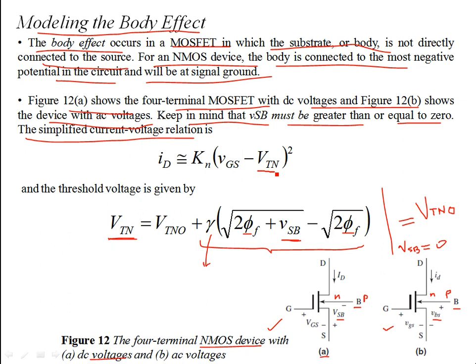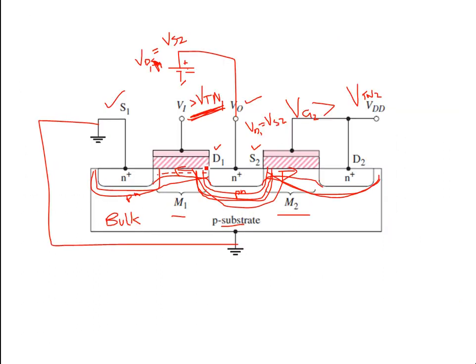But what happens with this body effect is that VTN is going to change with respect to the source and bulk VSB voltage that exists, because there is a reverse biasing happening between the bulk and the source regions. So there exists a finite VSB which is greater than 0. This VSB greater than 0 affects your threshold voltage.